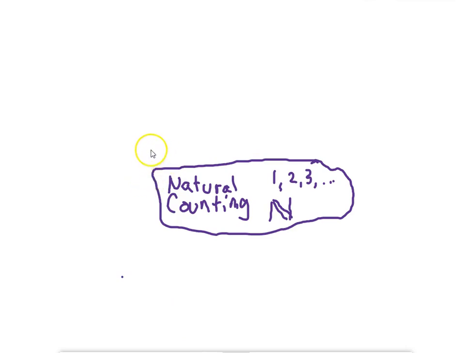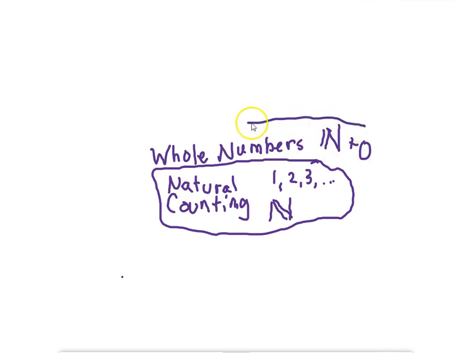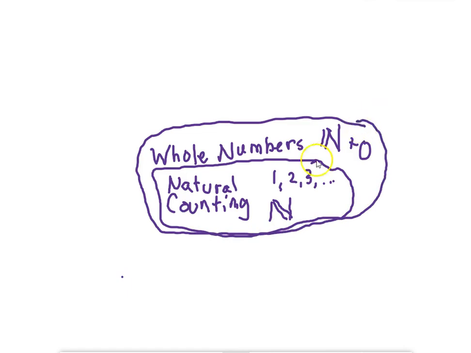So then we have the whole numbers, which are our natural numbers plus 0. And that's it. Whole numbers are only positive. The natural numbers are counting numbers plus the 0.